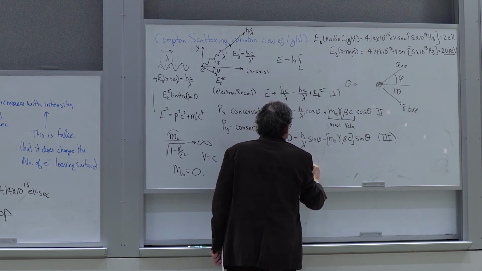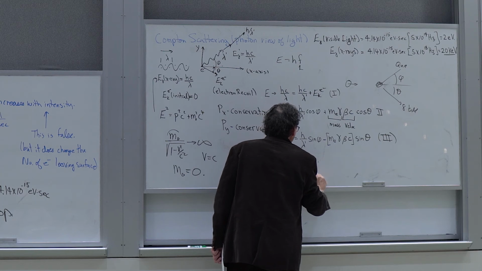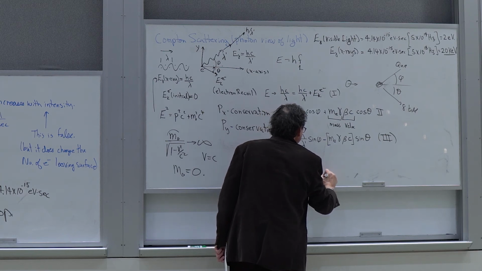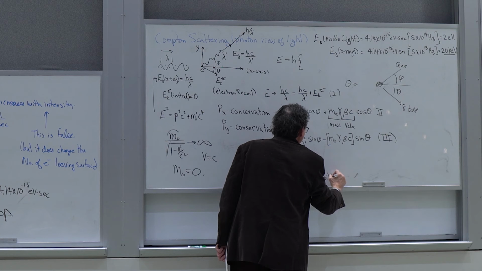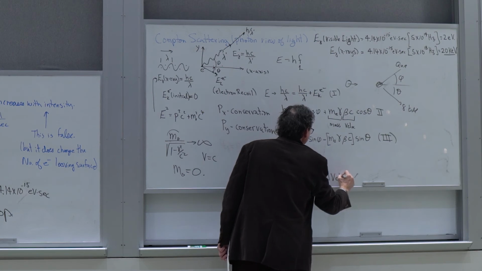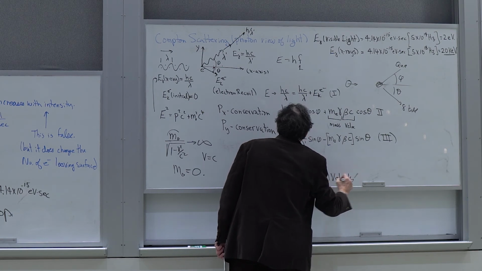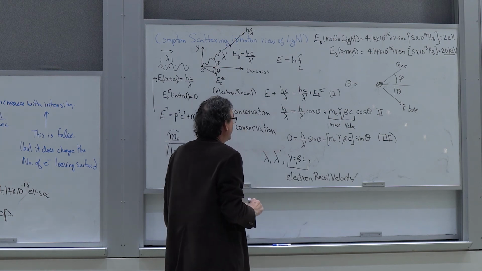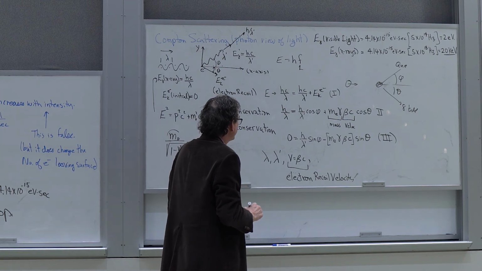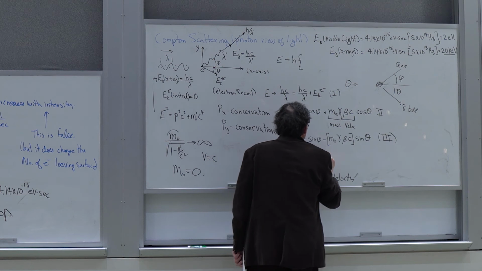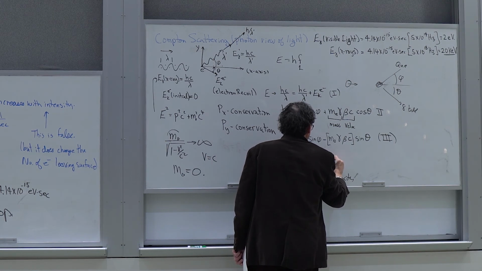This is for the electron, the electron recoil velocity. That's clearly a variable. And then I have, well, I guess you could say two more: the scattering angle phi and the scattering angle theta.